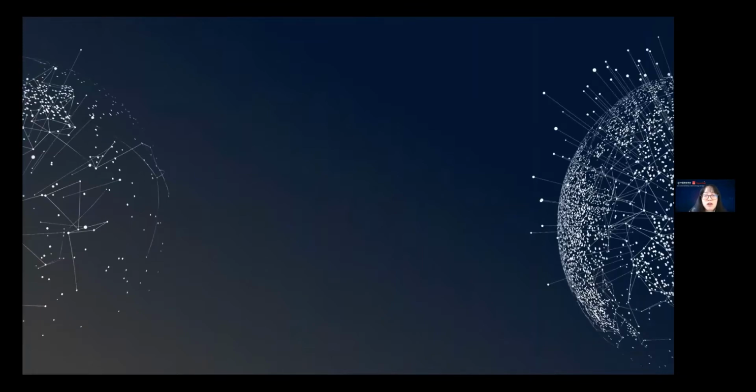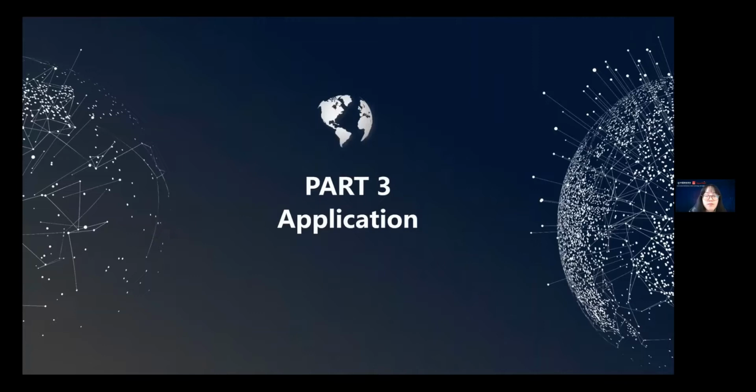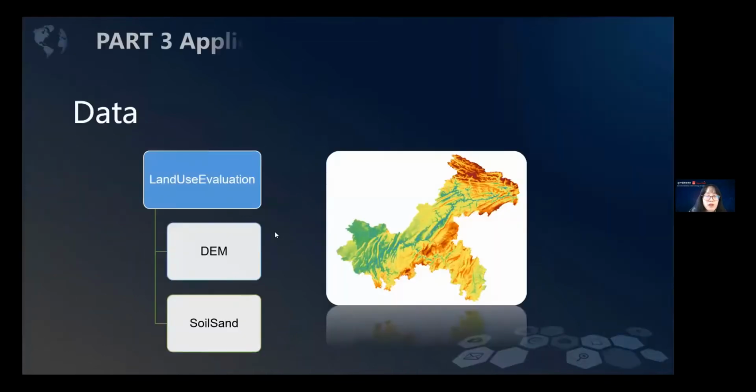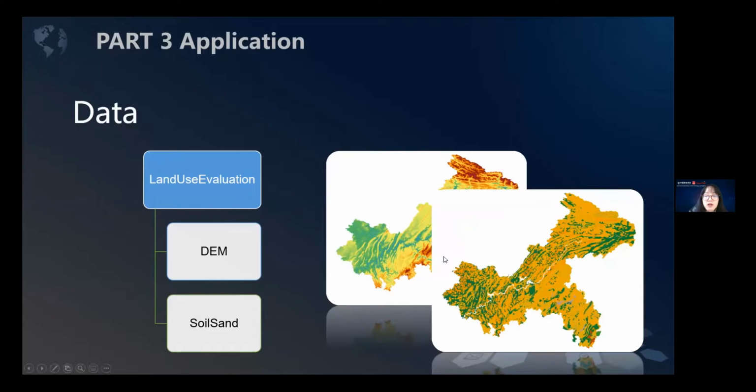Now let's look at the data and workflow for this case. In the data we provided to you, there are two datasets that will be used for land use evaluation: DEM data and soil sand data. The DEM data contains the height information for our study area, and the soil sand data is also raster data.